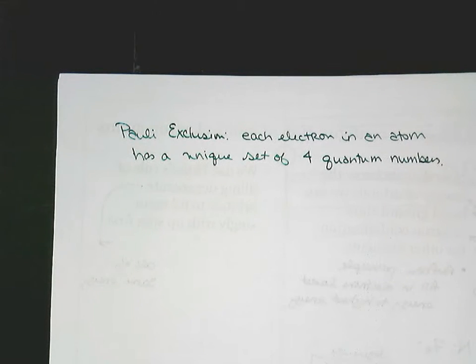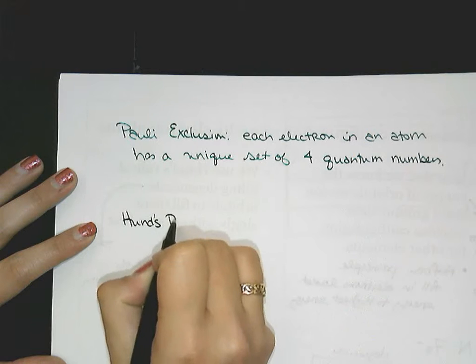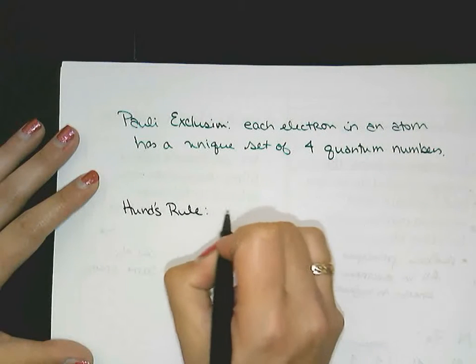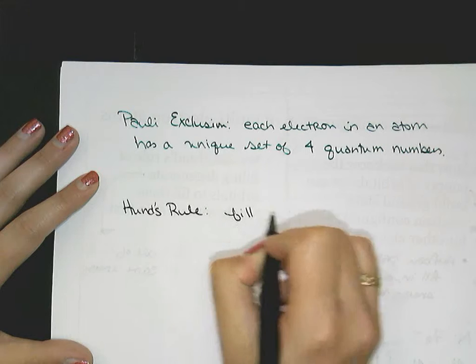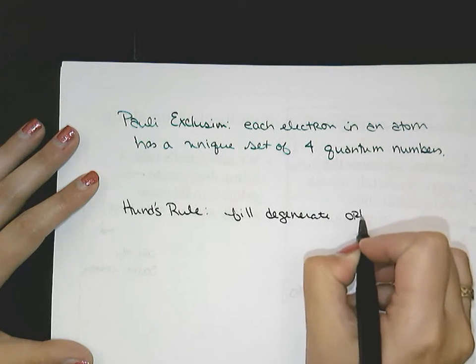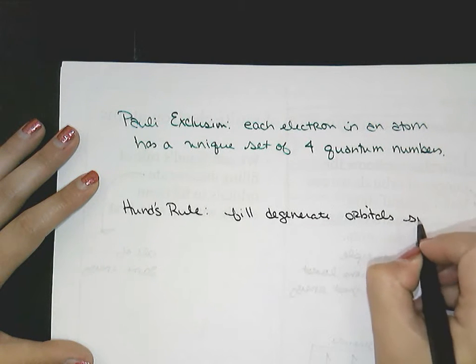Okay, then we have Hund's rule. I don't know if you say the D or not. This says that we're going to fill the degenerate orbitals, spin up first.